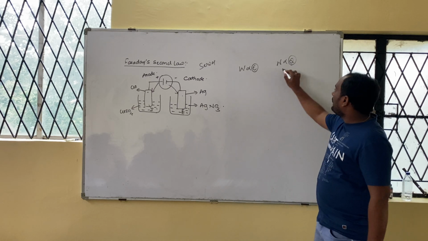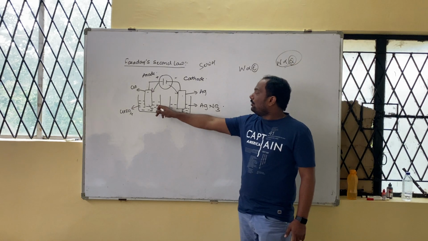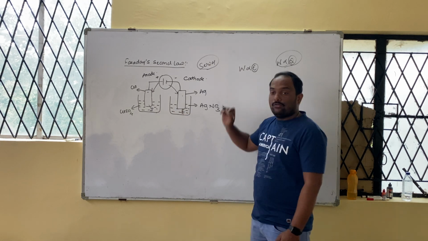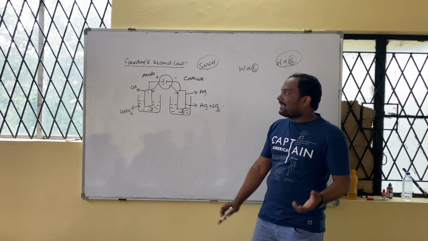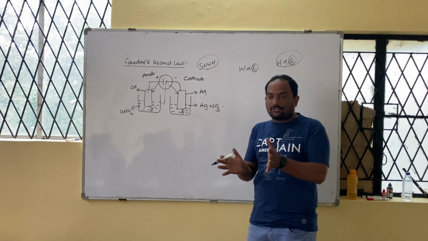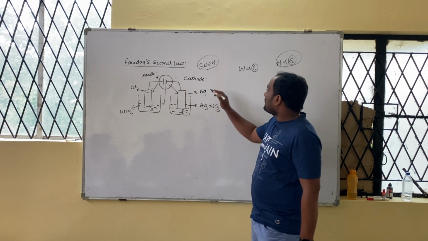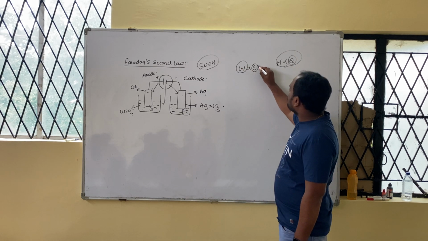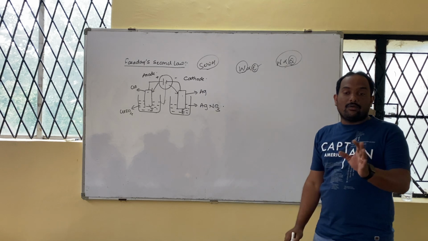That was only one electrolytic solution, but today we have taken two different electrolytic solutions, both connected in series. In such a case, if you pass the same amount of current through both solutions, the amount of substance deposited or liberated is directly proportional to its equivalent weight.